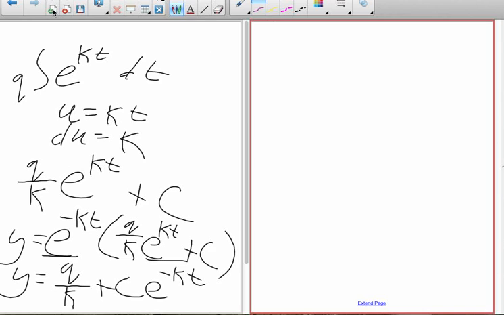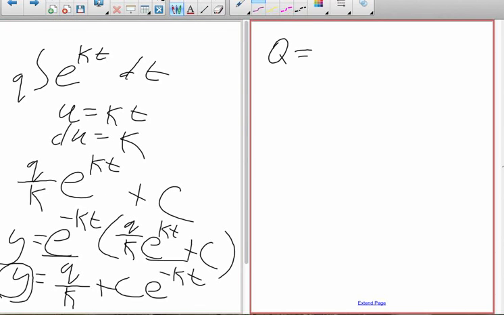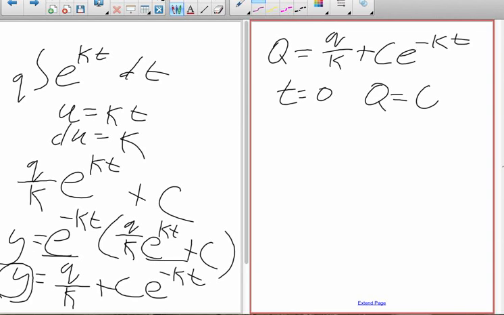The first thing I'm going to do then is, remember we substituted y for q. So let's go back in and resubstitute in. Q now is equal to q over k plus c e to the negative kt. And when t equals 0, my initial condition, q equals q0.